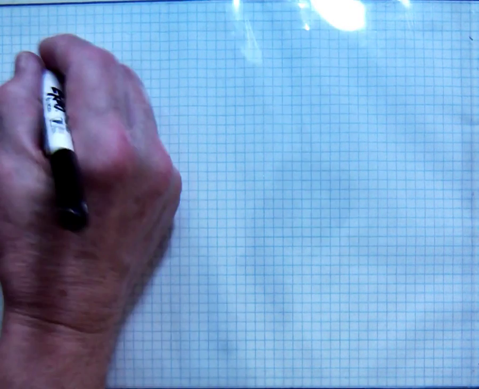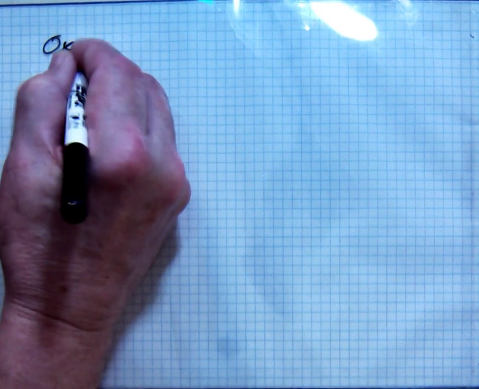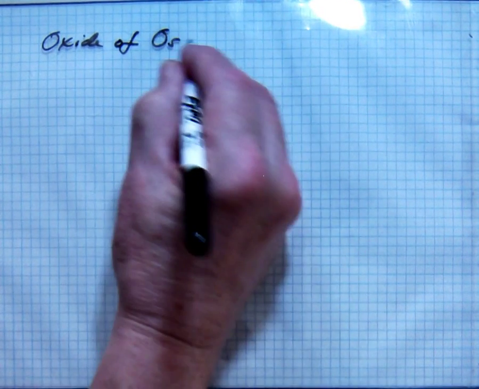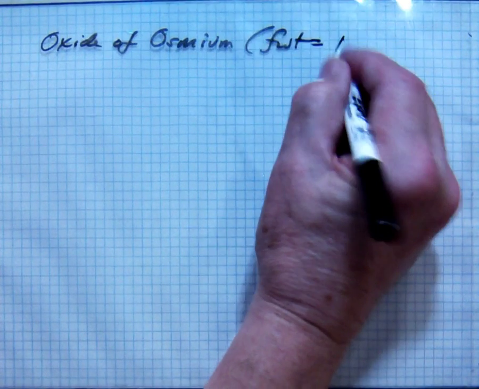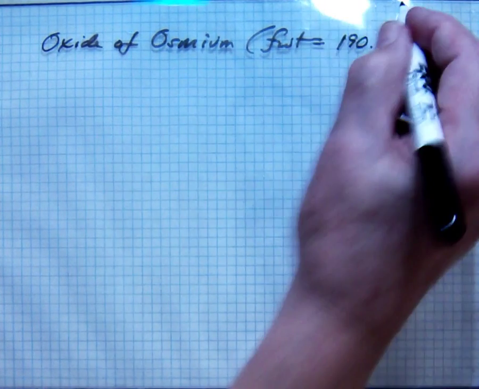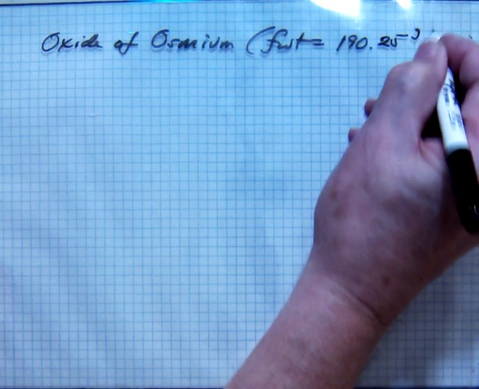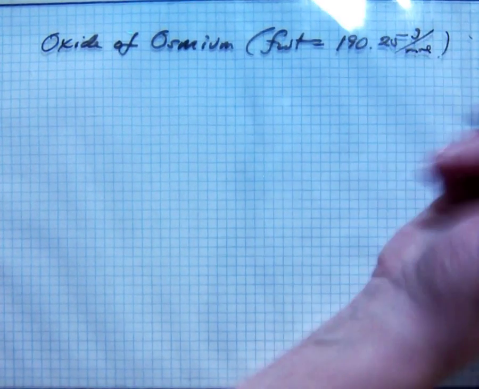Okay. An oxide of osmium. The formula weight equals 190.25 grams per mole.